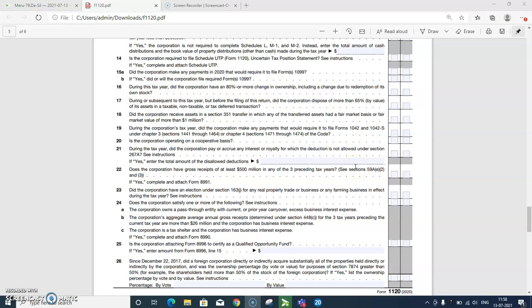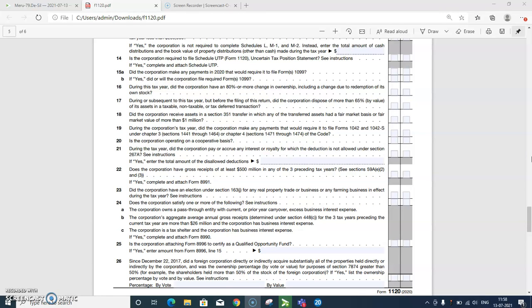If the corporation had gross receipts of at least $500 million in any of the 3 preceding tax years, complete and attach Form 8991. For this purpose, the corporation's gross receipts include the gross receipts for all persons aggregated with the corporation as specified in section 59A(e)(3). See the instructions for Form 8991 to determine if the corporation is subject to the base erosion minimum tax.